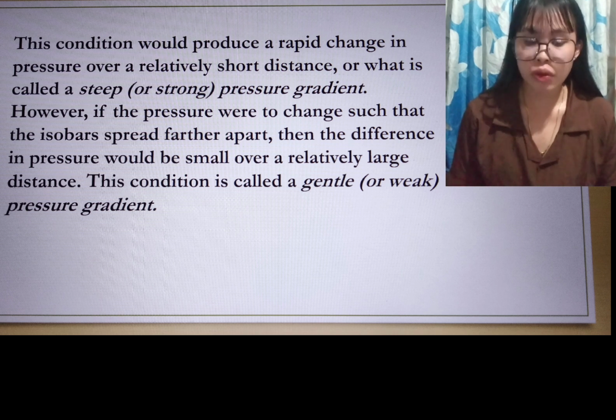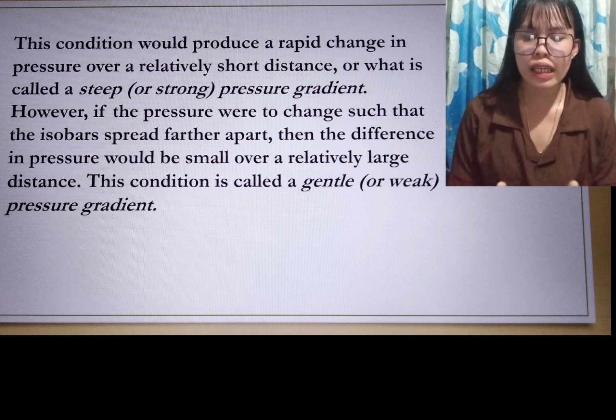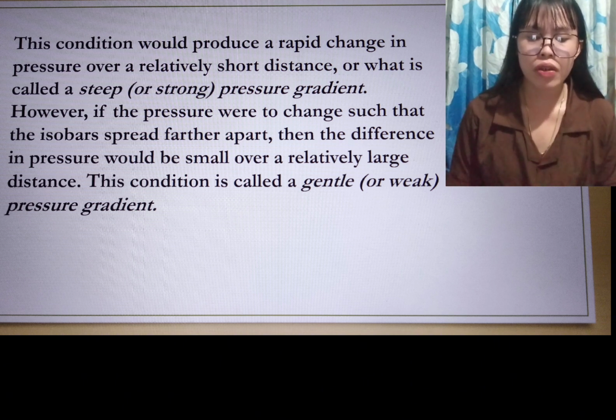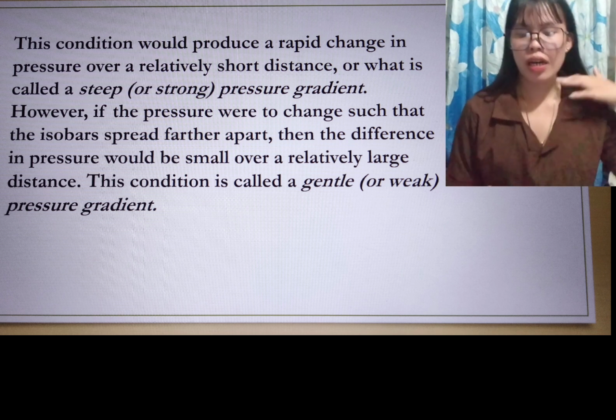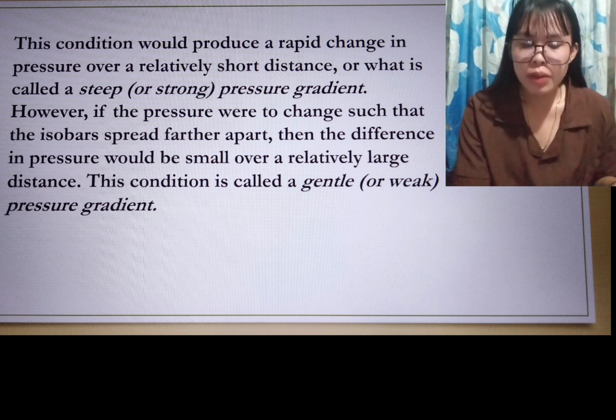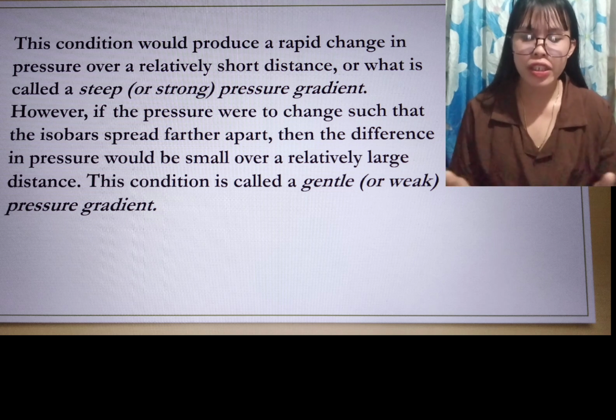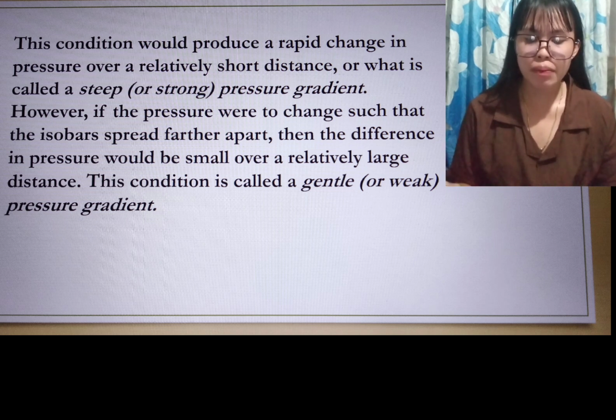This condition is called a gentle or weak pressure gradient. So if the distance is shorter, we call it a steep or strong pressure gradient. But if it spreads farther apart, then the difference in pressure would be small. So that is what they call a gentle or weak pressure gradient.